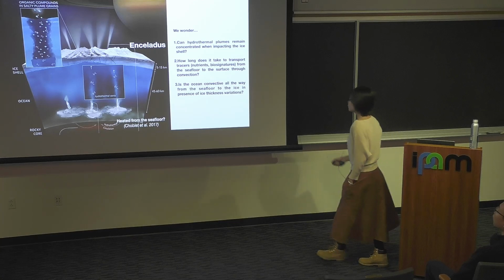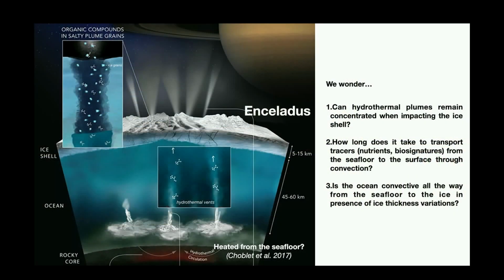Okay, so then we wonder. Imagine that there's some hydrothermal plumes, we make them as concentrated as possible, like super concentrated plumes. One single grid point in the simulation, right? And will this heat source be able to trigger some convecting plumes that shoot all the way to the ice sheet, right? That's the number one question.